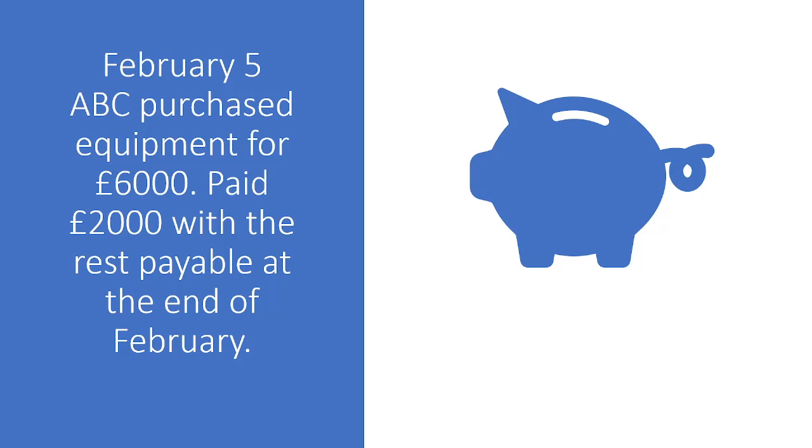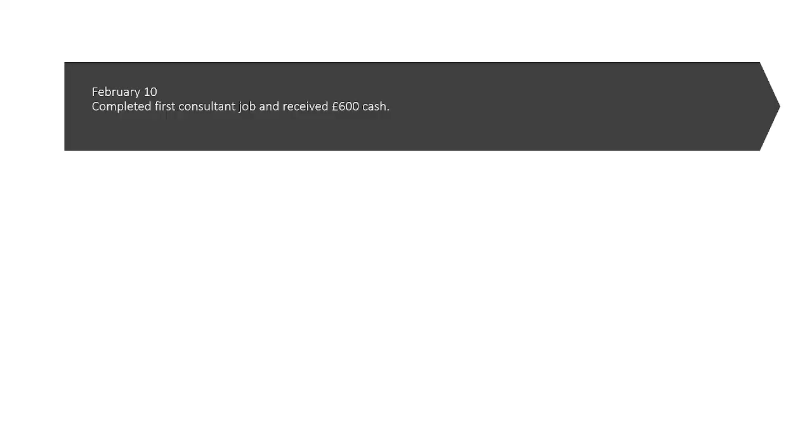So we are going to credit £2,000, and we're going to credit accounts payable as well for the remaining 4,000. It looks like this. So equipment 6,000, we received cash, went out 2,000, accounts payable 4,000. It's not straight here, but you get the overall understanding, I hope. Let's go to the next one.